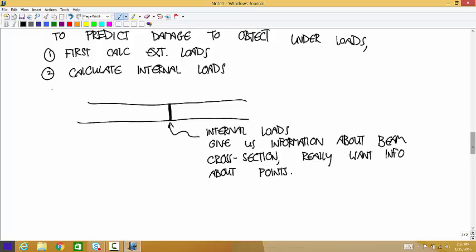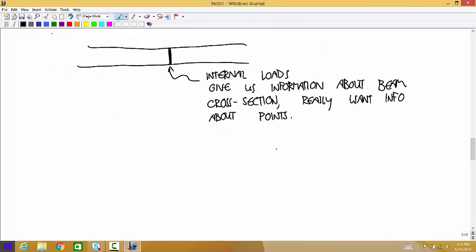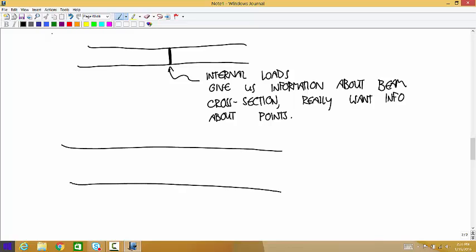And so the way we're going to do that is, here's the object, and we're going to imagine a cubic chunk of material on the inside.